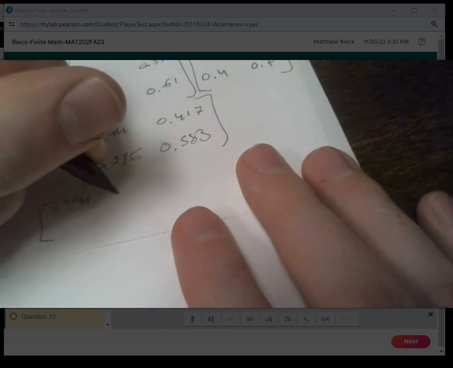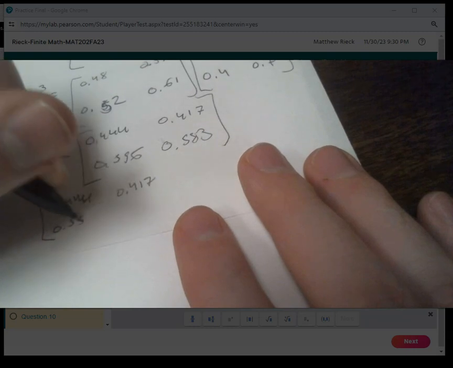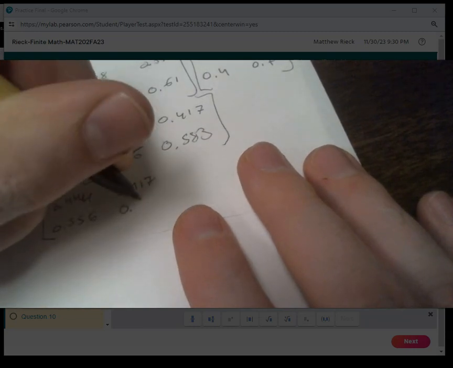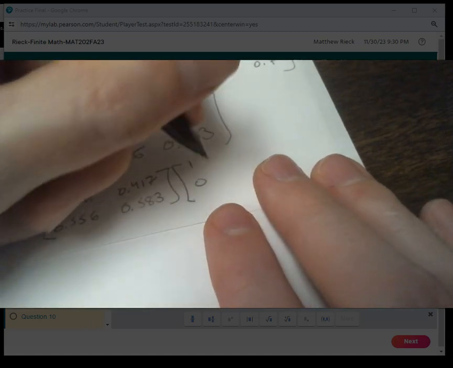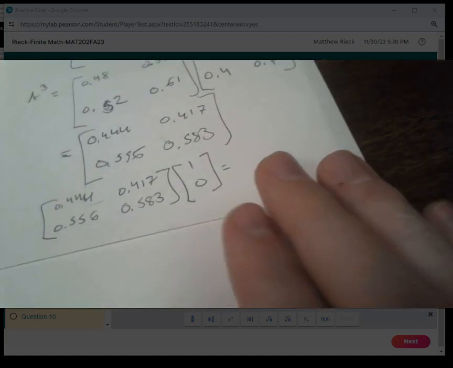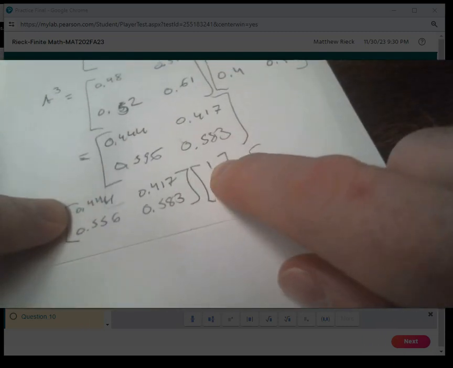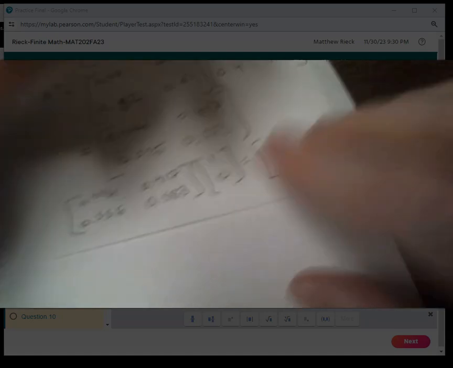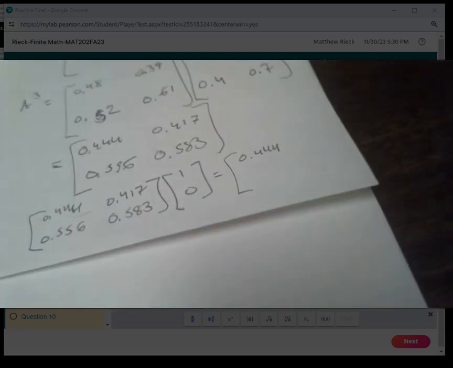So we have 0.444, 0.417, 0.556, 0.583 times 1, 0. So we have 0.444 times 1 plus 0.417 times 0, which is 0.444.